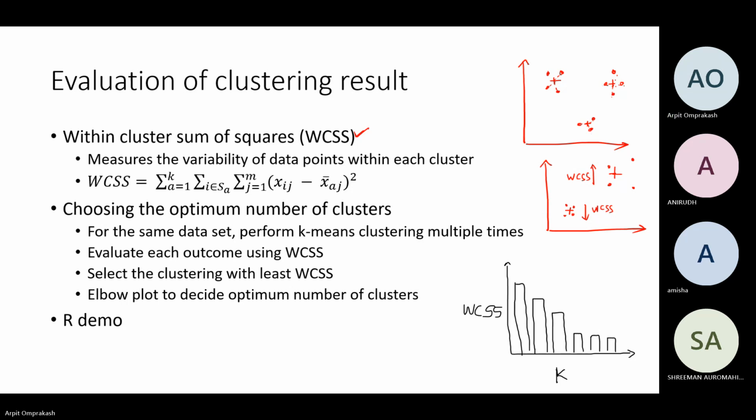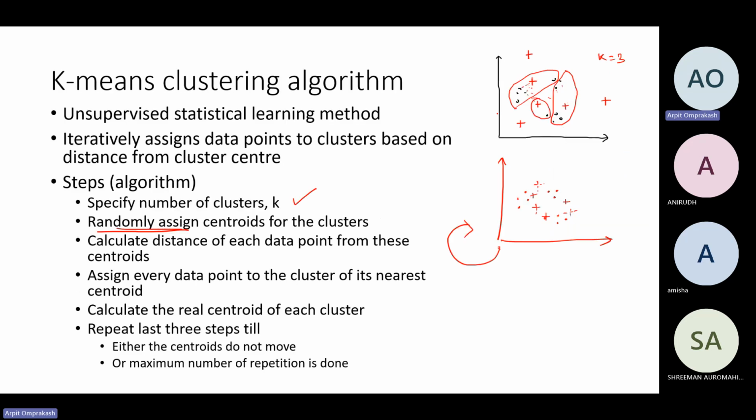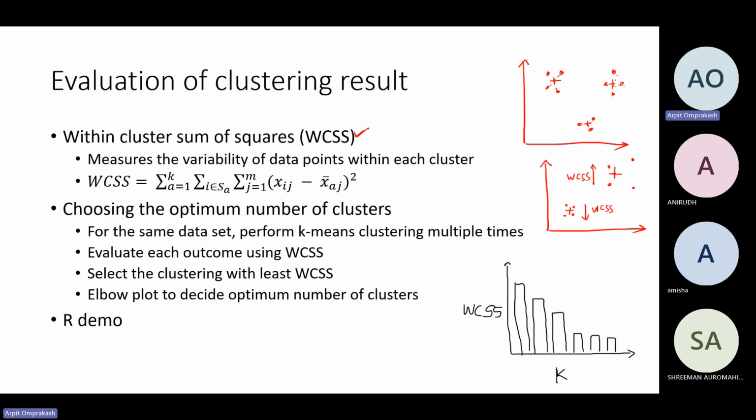Okay. And then another place where you can use this is when you are choosing the optimum number of clusters. Again, since it's an unsupervised learning method, sometimes we don't know how many clusters might be there in our data. This data is very sparse, so you can easily say how many clusters are there. But what if the data was something like this?